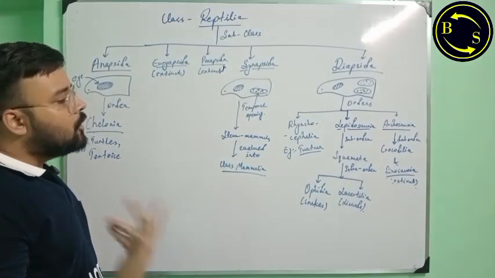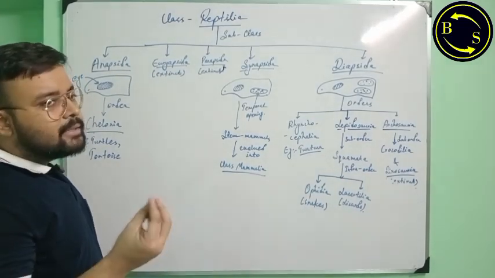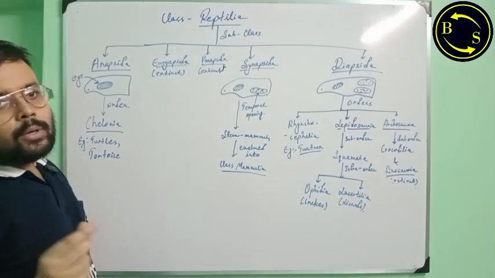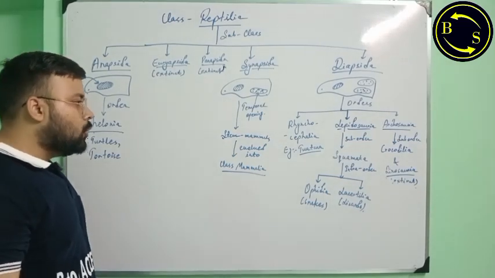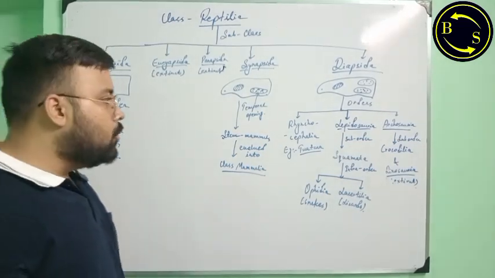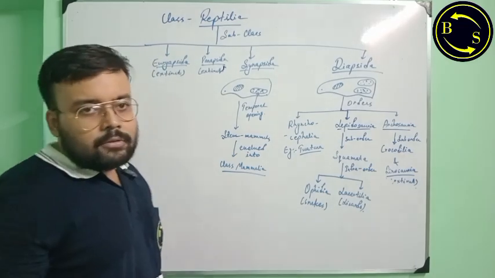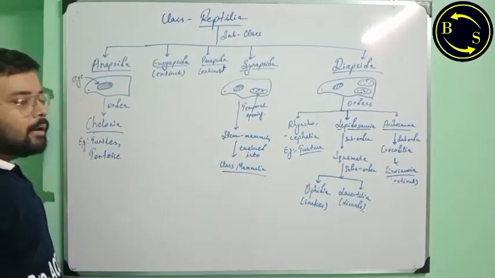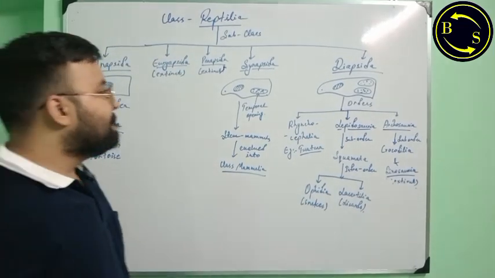They are visually non-functional, but they can still sense difference between light and darkness. So Tuatara are the only vertebrates having three eyes or a third eye at the top of their head.